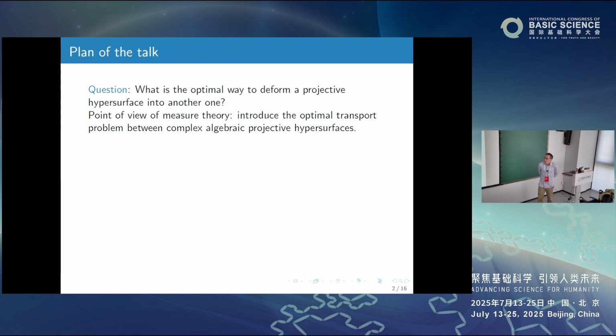Since my point of view is from optimal transport, we try to address this question using the language and the techniques from optimal transport theory. So our idea was to associate a measure to a projective hypersurface, and then consider the problem of transporting one projective hypersurface to another via this transport of measures.